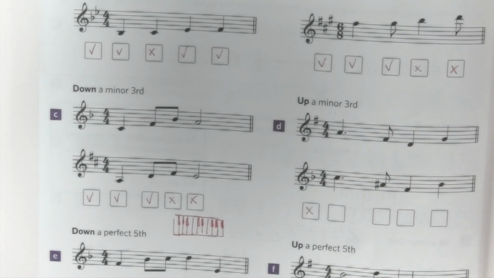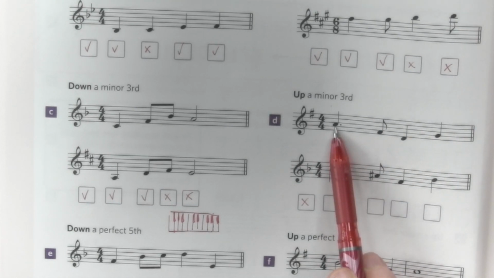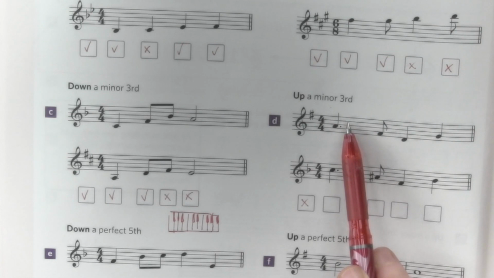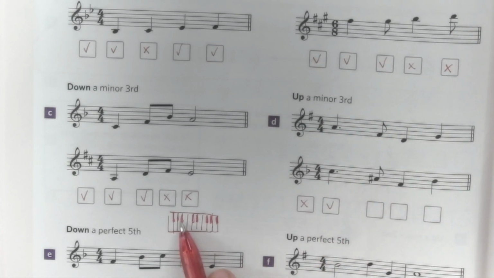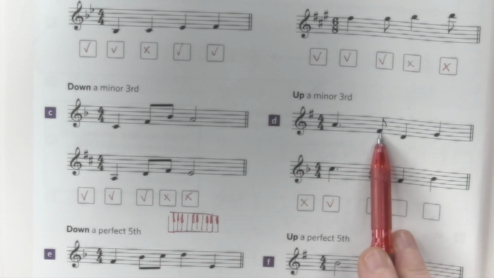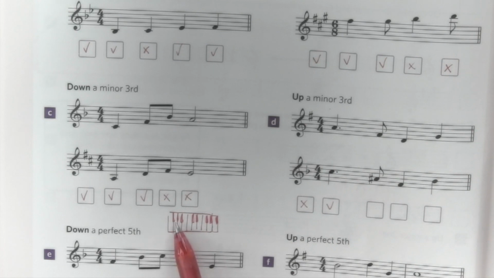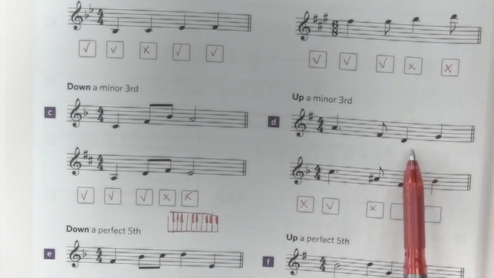So, sorry, incorrect. La plus 3 semitones becomes Do. 1, 2, and 3. Fa sharp plus 3 semitones becomes La, 2 and 3, A, not A sharp. So, sorry, you are incorrect.